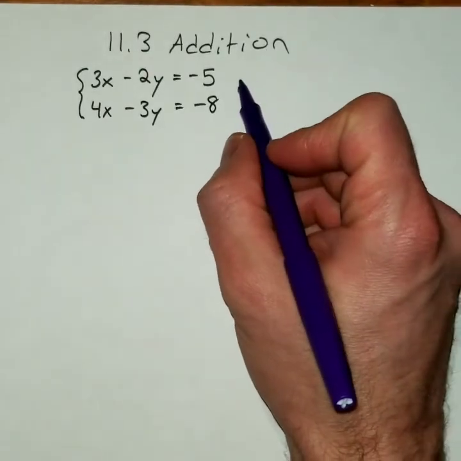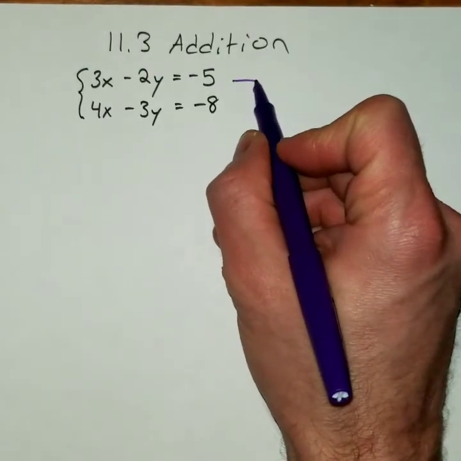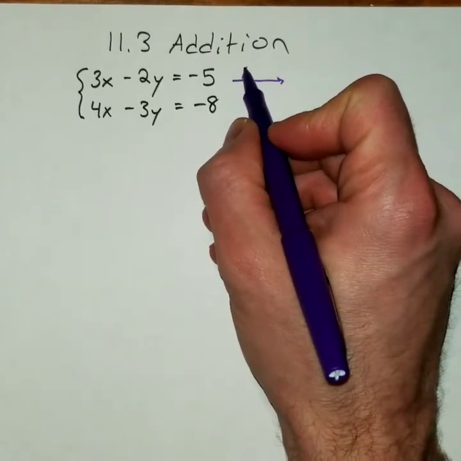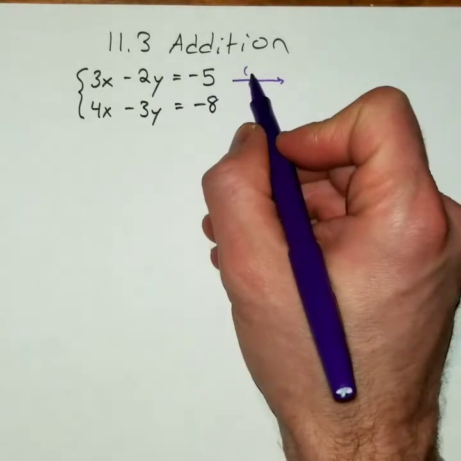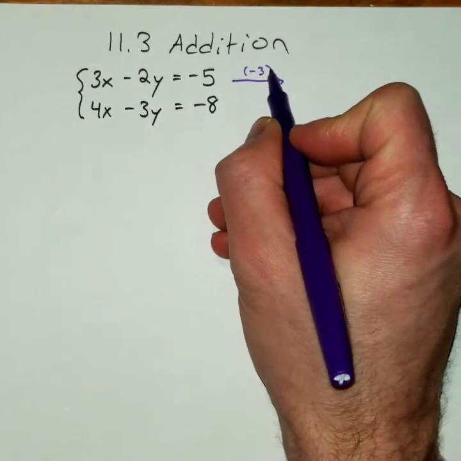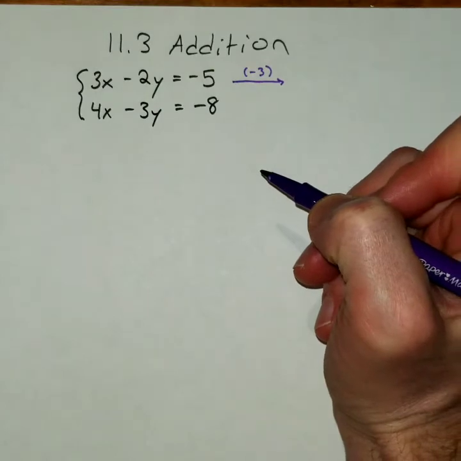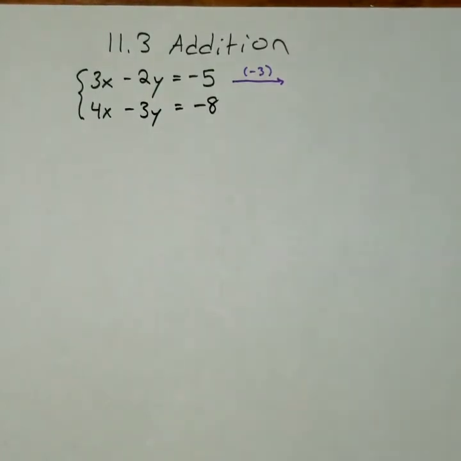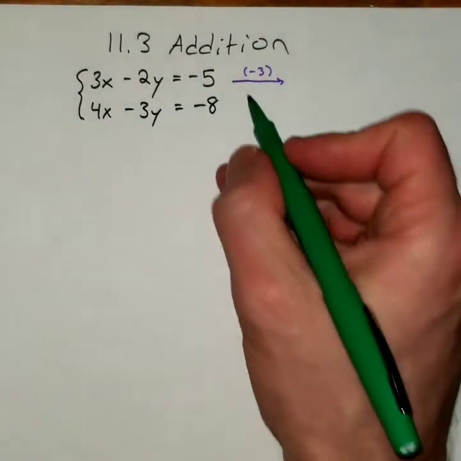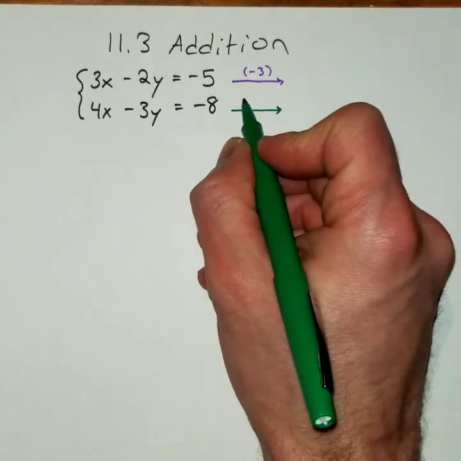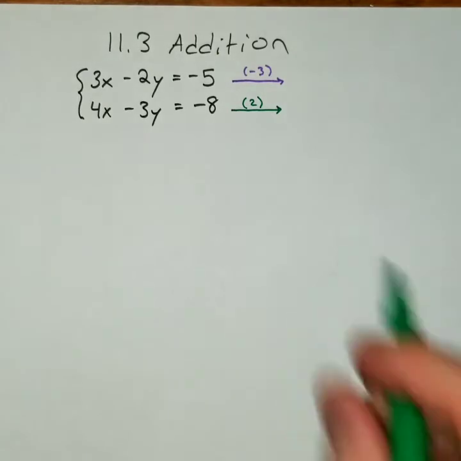So what we're going to do is multiply this top row by a negative 3. Negative 3 times the negative 2 will give me the 6 that I'm looking for. And the bottom equation is going to be multiplied by a positive 2.